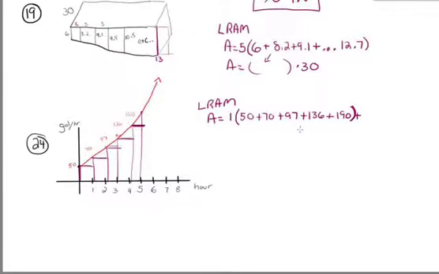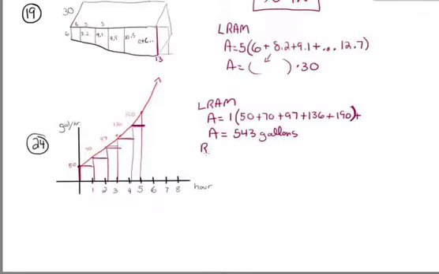So I add this up, and let's actually go ahead and do that. I get 50 plus 70 plus 97, 136 plus 190 equals 543. So in the 5 hours, the low estimate is that 543 gallons have leaked out.